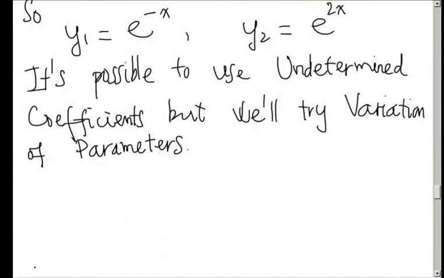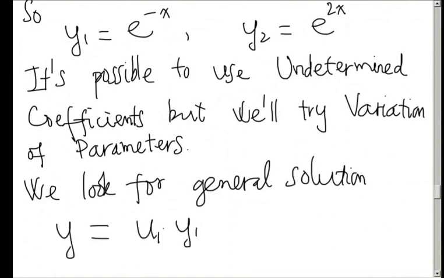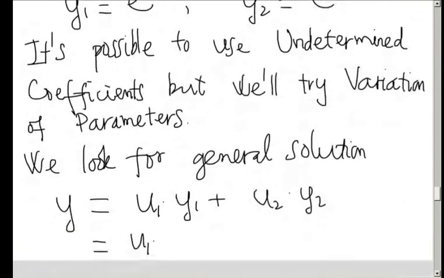So for variation of parameters, we look for a general solution as well. y equals u1 times y1 plus u2 times y2, where u1 and u2 are two functions, not constants. So we have u1 times y1, which is e to the negative x, plus u2 times y2, which is e to the 2x.